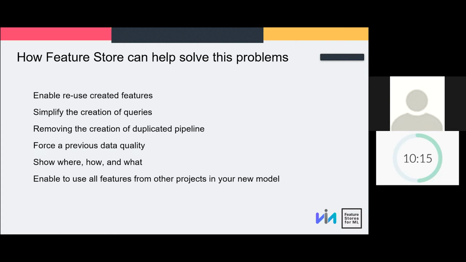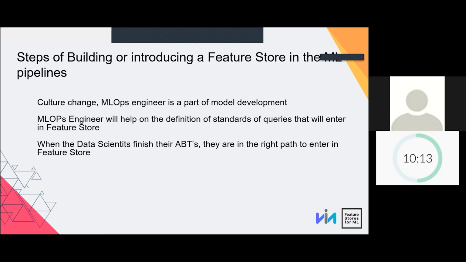And now let's talk about the steps of building and introducing the feature store in the ML pipelines. Here we are talking about the culture change. I think for me, it's the most important part in the adoption of the feature store at VIA.